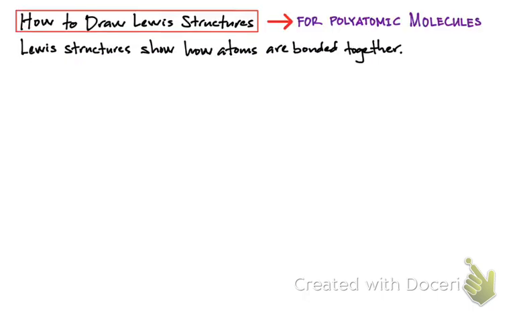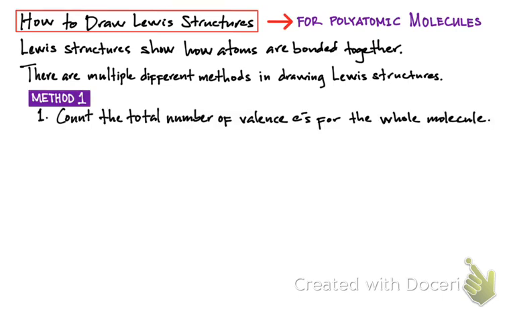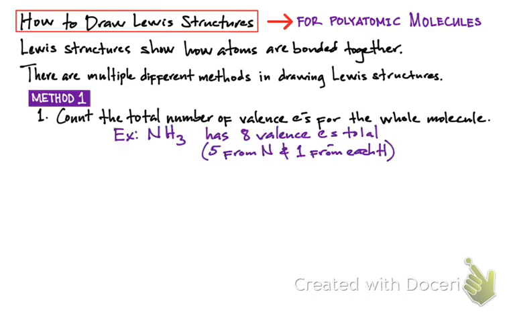In today's lesson, you'll learn how to draw Lewis structures for polyatomic molecules. There's a few different methods that you can use in drawing Lewis structures, and here's the first one. First, you need to count the total number of valence electrons of the molecule.